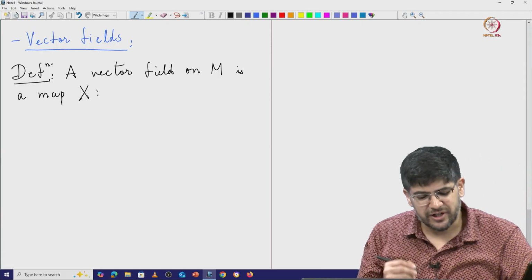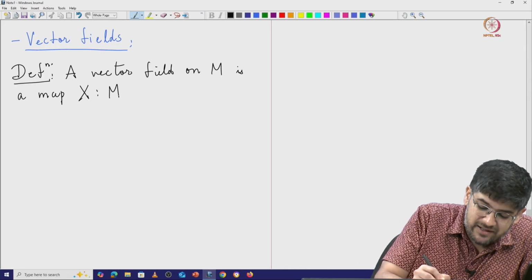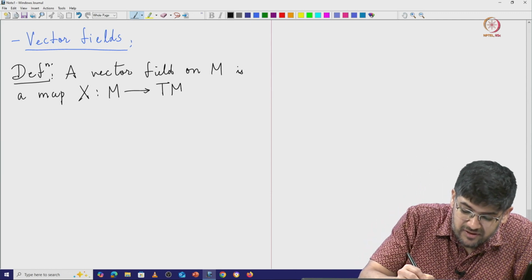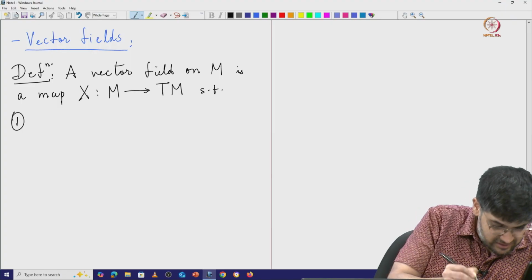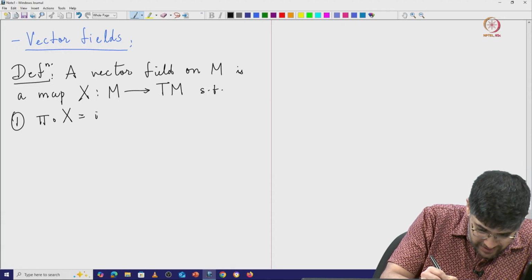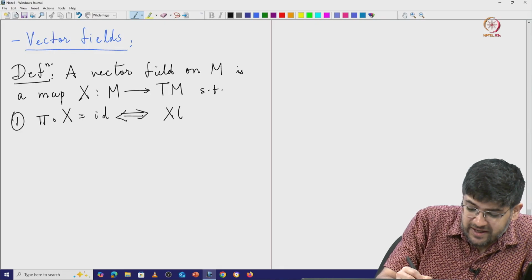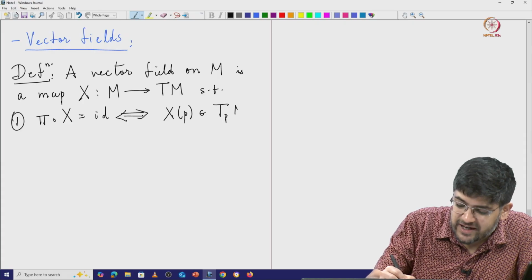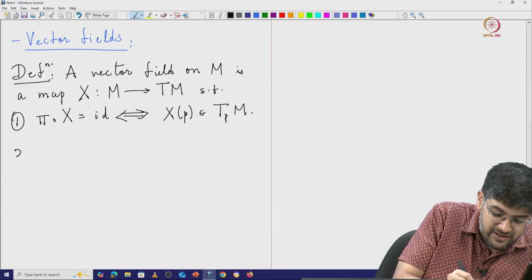So vector fields are usually denoted by capital X, capital Y, and so on. So this is a map that takes a point on the manifold to the tangent bundle such that, firstly, if you compose it with the natural projection map, you get identity. This is equivalent to the statement that X takes P to a tangent vector in the tangent space at P. Okay, these two statements are obviously equivalent.